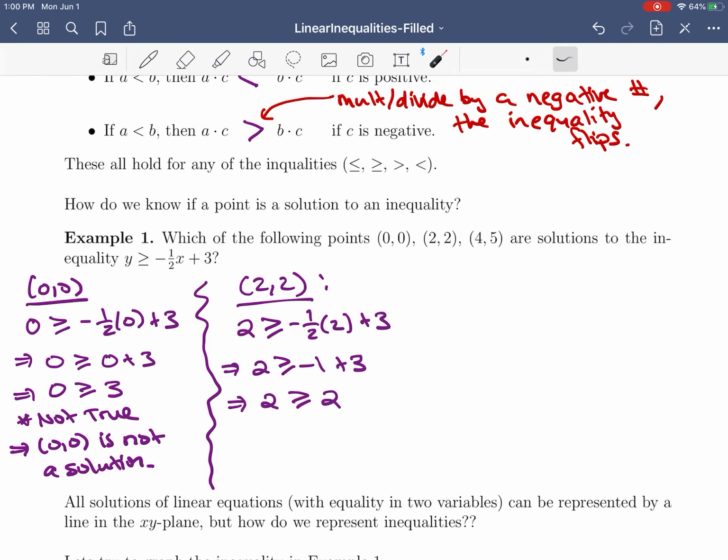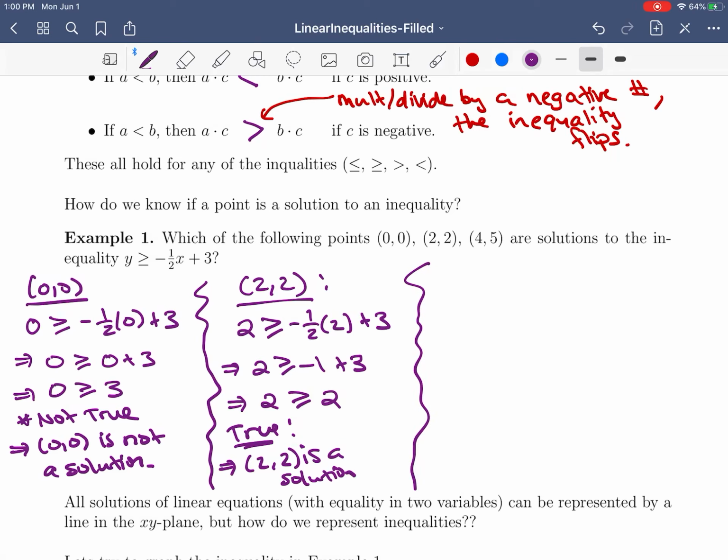Because of the equality, this inequality includes equality, so this is a true statement. So that means that the point 2, 2 is a solution. In fact, 2, 2 is on the line. If we replaced the inequality with equality here, 2, 2 would be on that line.